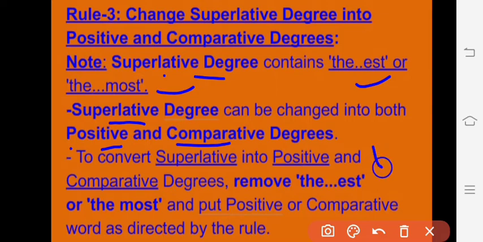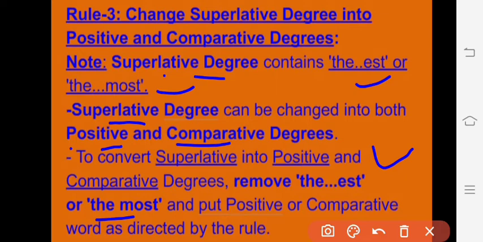To convert superlative degree into positive and comparative degrees, remove the est form, as in the highest, the lowest, the cleverest. You have to remove the and the est form of the adjective. Or if most is given, the most beautiful, you have to remove the most and put positive or comparative formation, meaning so as or as, or er or more than form.